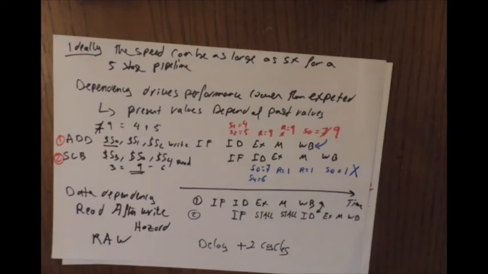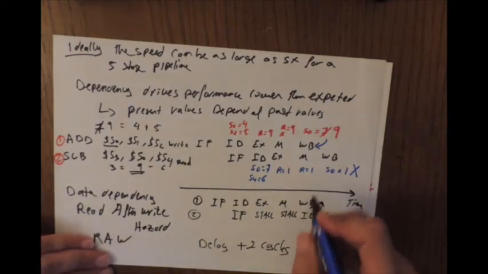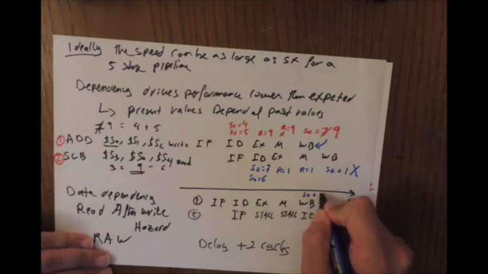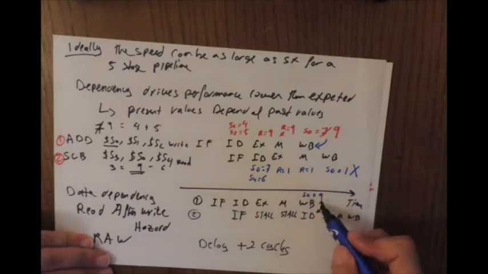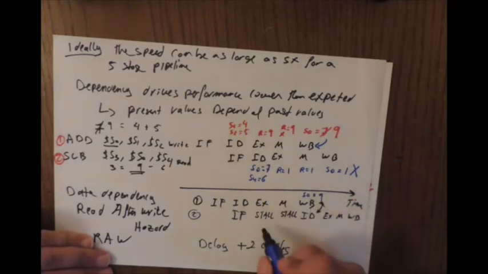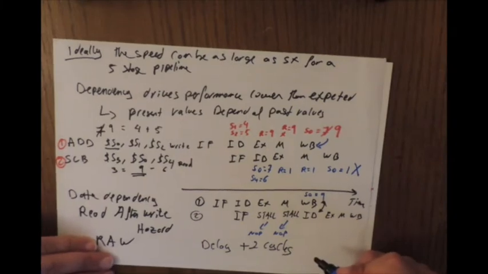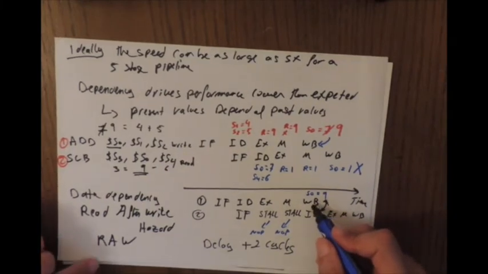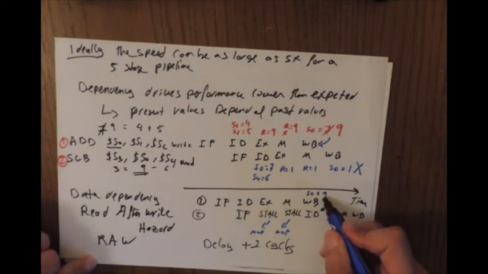So let's go ahead and check this again. Here we know that S0 will be equal to 9. Remember, stall means no operation. I just insert no operations, and we're going to talk about how we design this in hardware. In the write back stage of the first instruction, I have S0 equal 9.